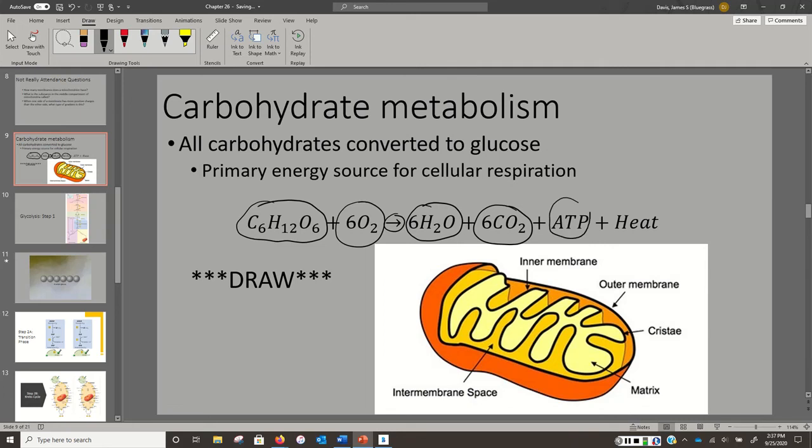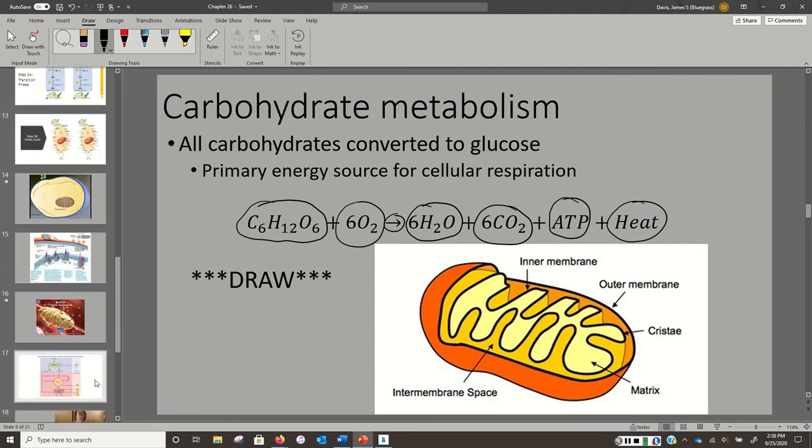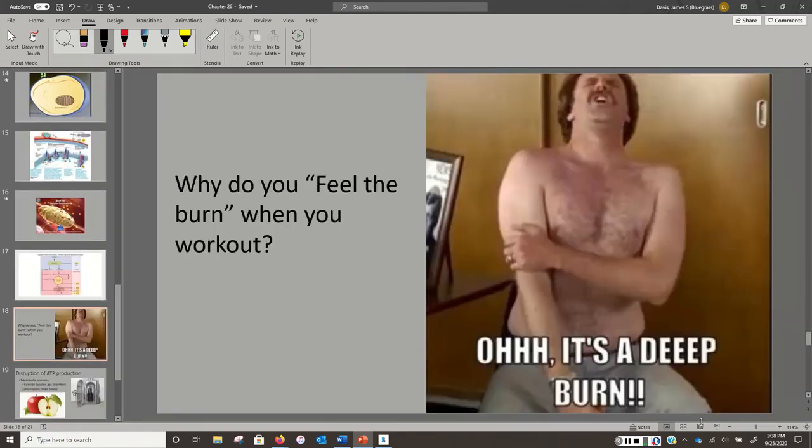We got a lot of ATP out of it. We got about 32 ATP. And heat, because conversion is inefficient. So hopefully that big, scary looking equation makes a little bit more sense at this point.